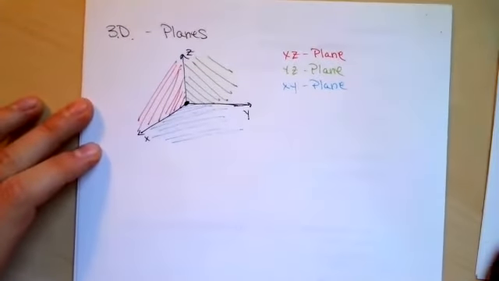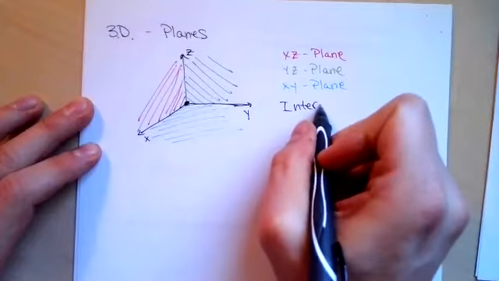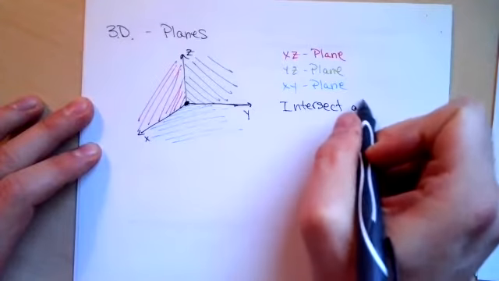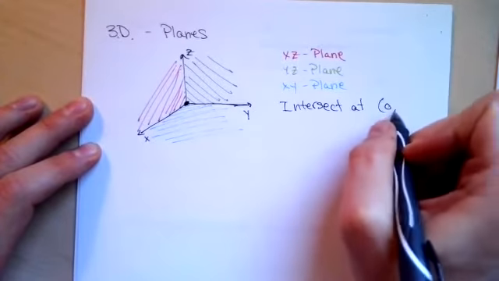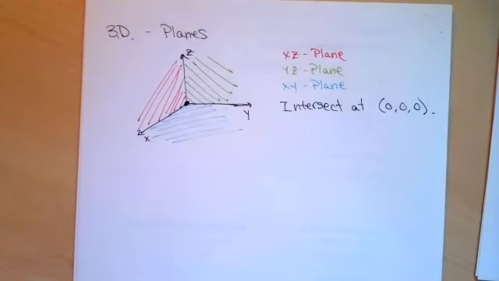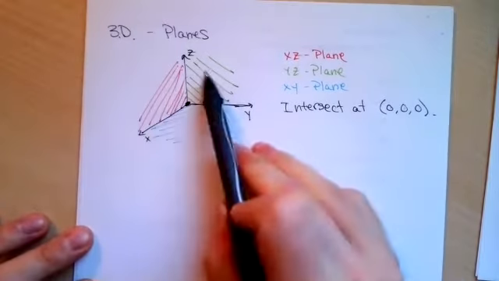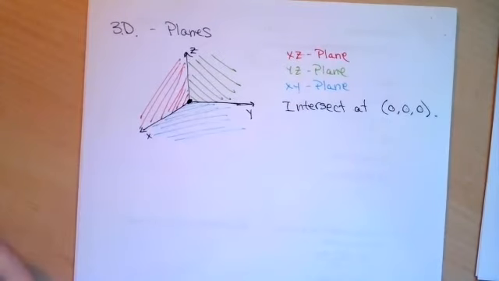Now these have common intersection points at the origin. So 0, 0, 0. We would call this the solution to the system of linear equations defined by these three planes.